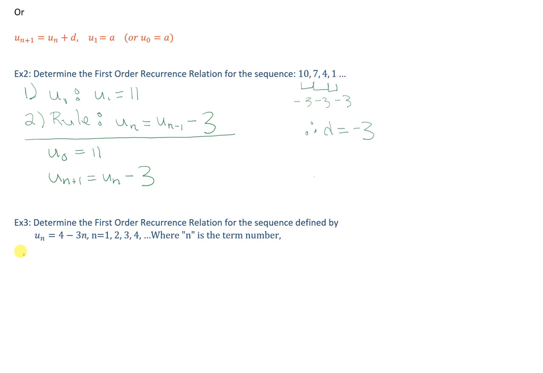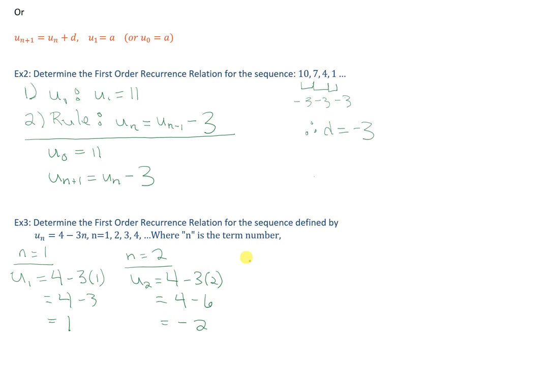So let's give that a go. If n is equal to 1, well, U1, that means that's 4 minus 3 times 1, or 4 minus 3. So my first term is the number 1. My second term, n equals 2. U2, 4 minus 3 times 2. That's 4 minus 6, which is negative 2.